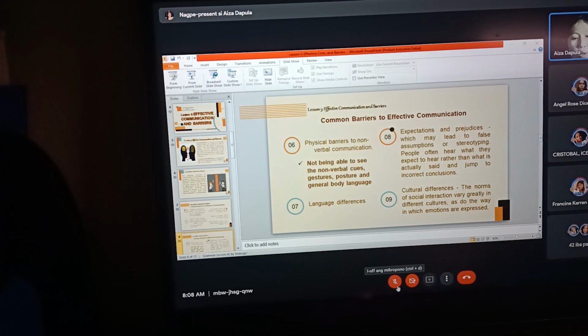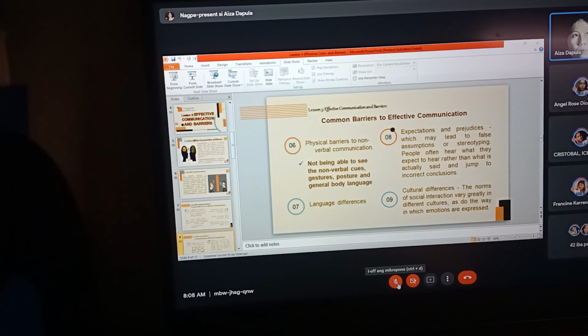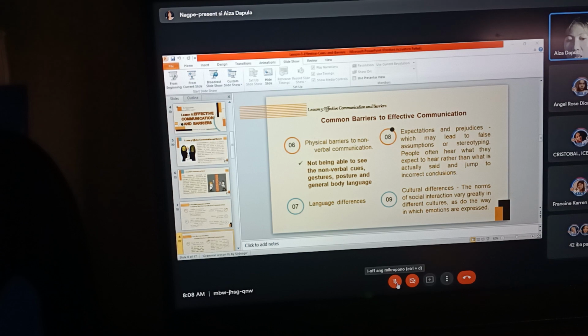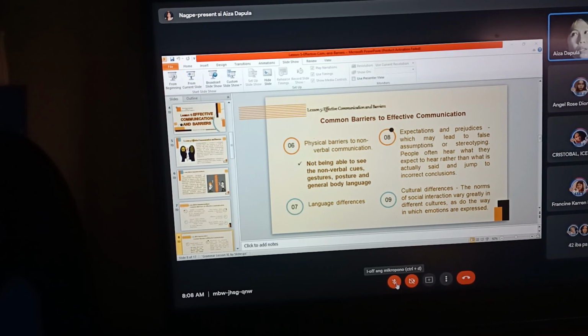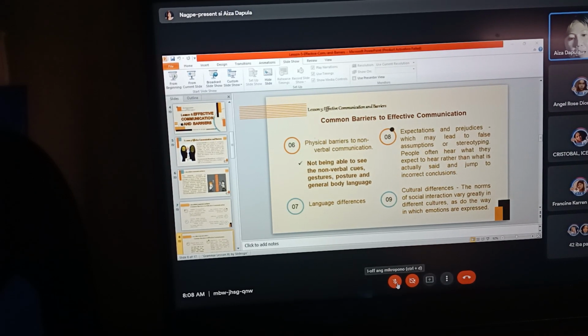The next, language differences. So, like said by your classmate, we have different cultures, different perceptions, viewpoints, and also different languages. There are Bisaya, Tagalog, Ilocano, Waray. They have their own language, right? Sino Bisaya? Bisaya ako. Kumakaya rin ko mag-Tagalog.